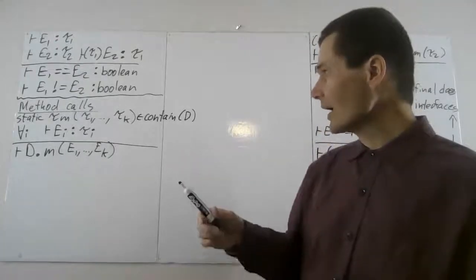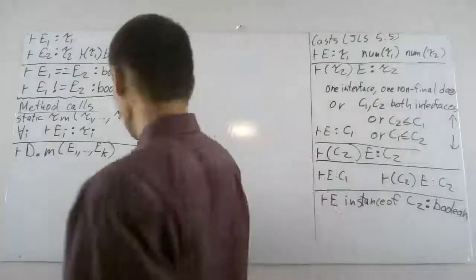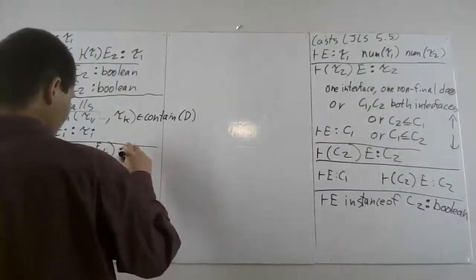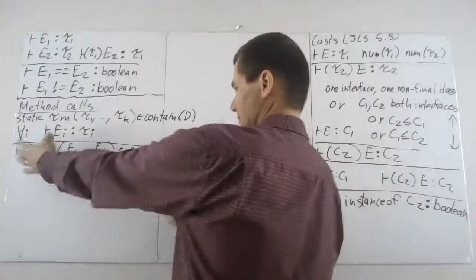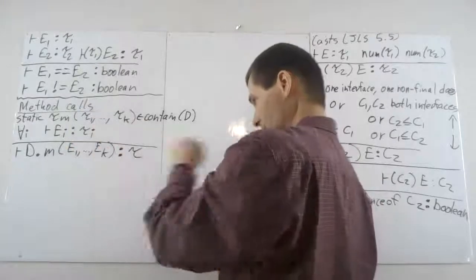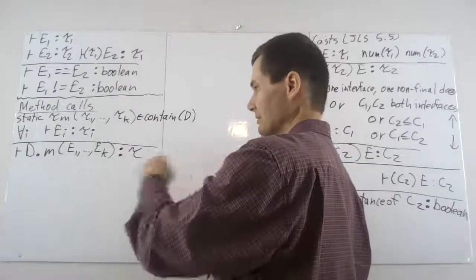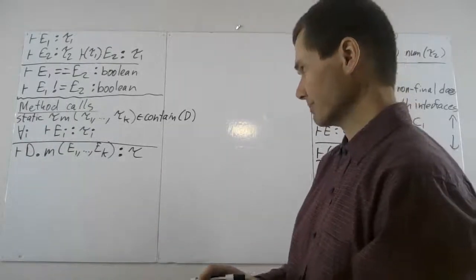Okay, and so if that's the case, then this is the method that I'm going to be calling. Then I get my return type tau as the value of the method call. Whatever the method returns, that's the type of the method call expression.